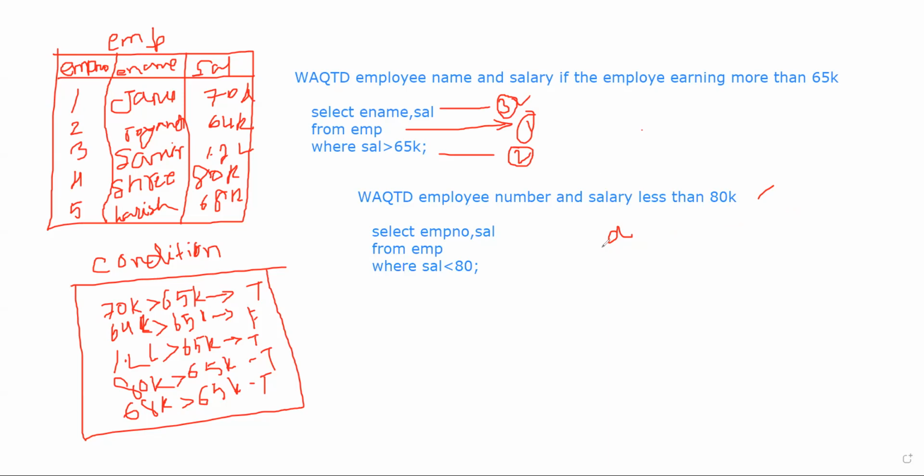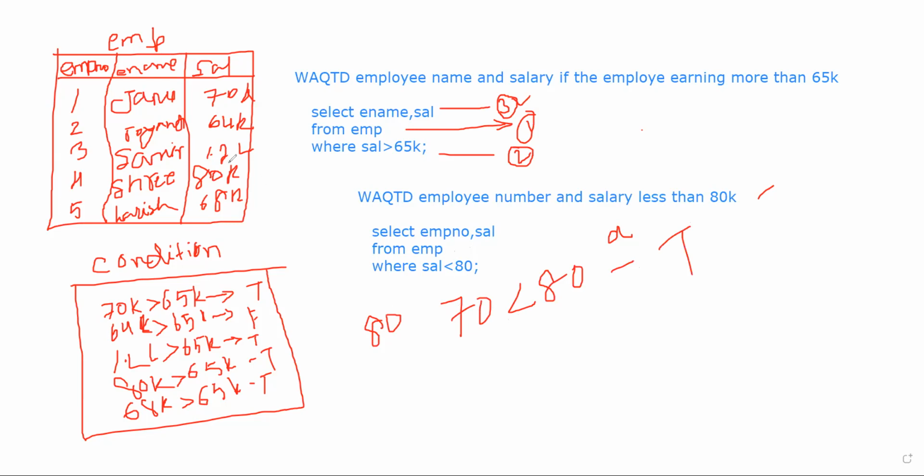Okay, what is the condition? Less than 80K means what? It will check the condition. 70K less than 80K: condition true or false? True.